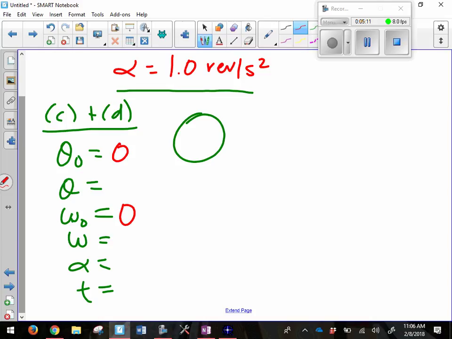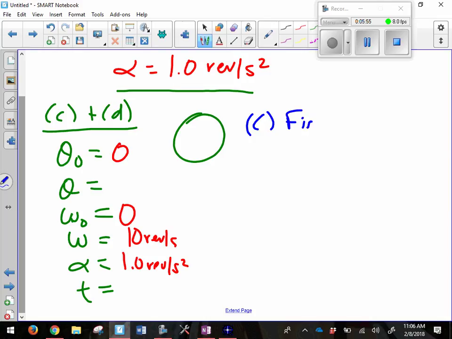Yeah, because the acceleration of the wheel is constant, so it doesn't matter what time interval I'm talking about. At this point, it's just acceleration. At this point, it's the acceleration that speeds something up or slows it down. I'm going to talk about that in a couple minutes, the two different kinds of acceleration. There's one more piece of information that we have here. It's going to be 10 revolutions per second for both, because I want to know the time it takes to get there and the number of times the wheel turns to get there. Okay.